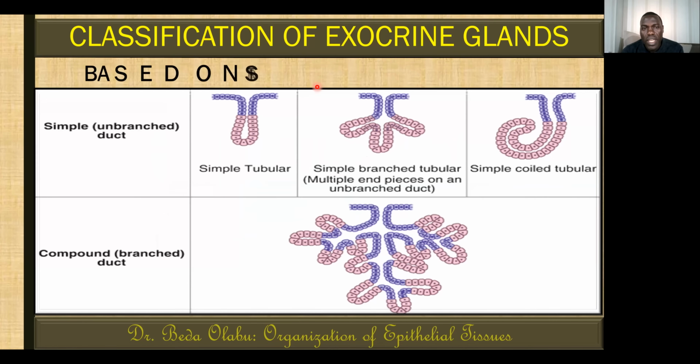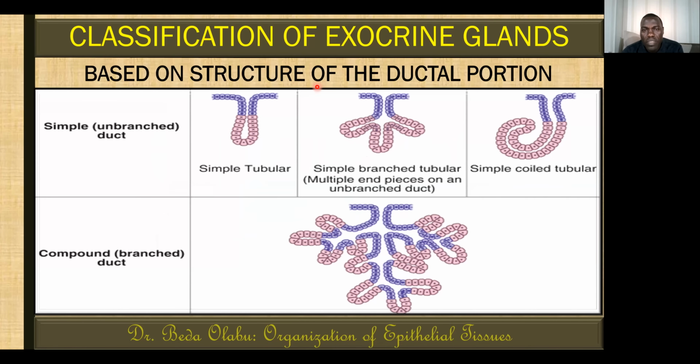The second way we can classify exocrine glands is based on the structure of the ductal portion. And here is simple. If the duct is branched, then we call it a compound gland. If the duct is not branched, then we call it a simple gland.